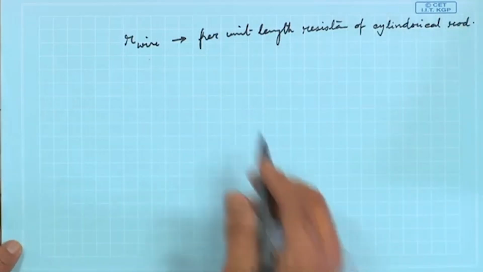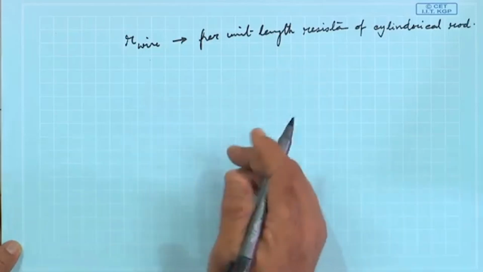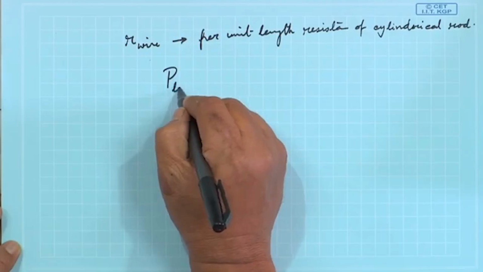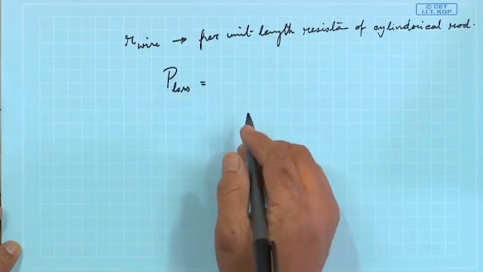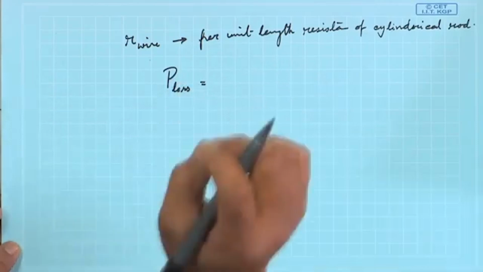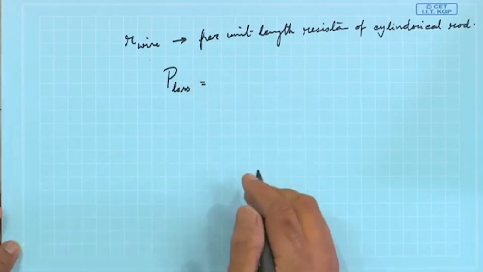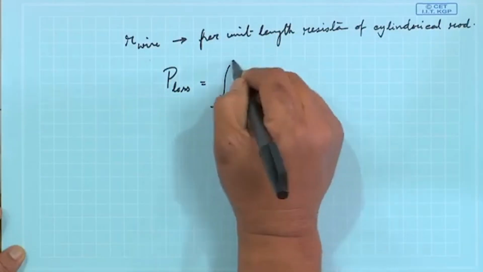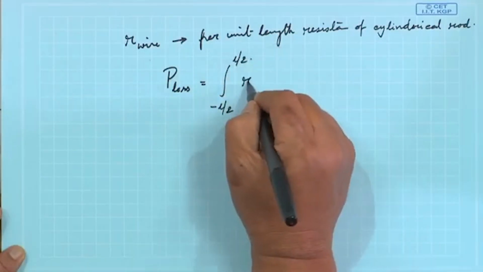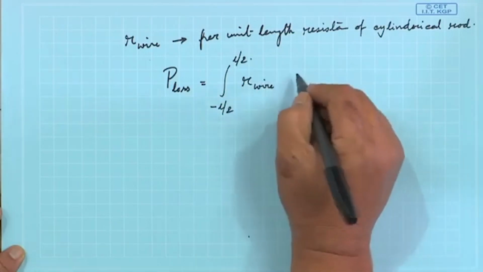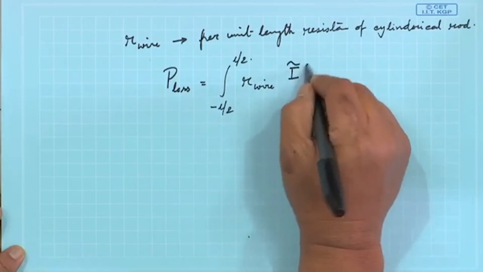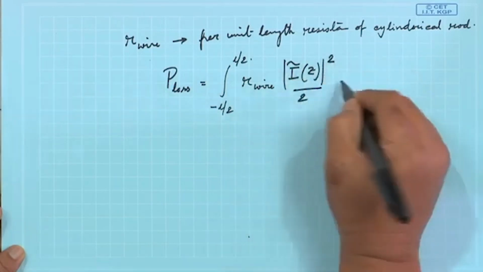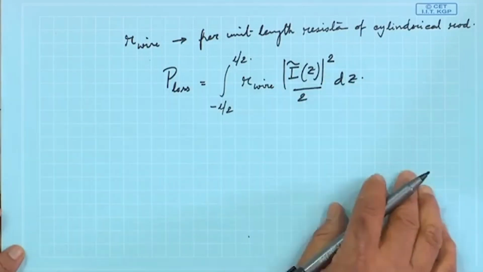So, what is the total power loss? Due to the loss resistance, or the ohmic loss, this power loss will be the integral from minus L by 2 to L by 2 of R wire times I z square, that is R loss. Is this okay?